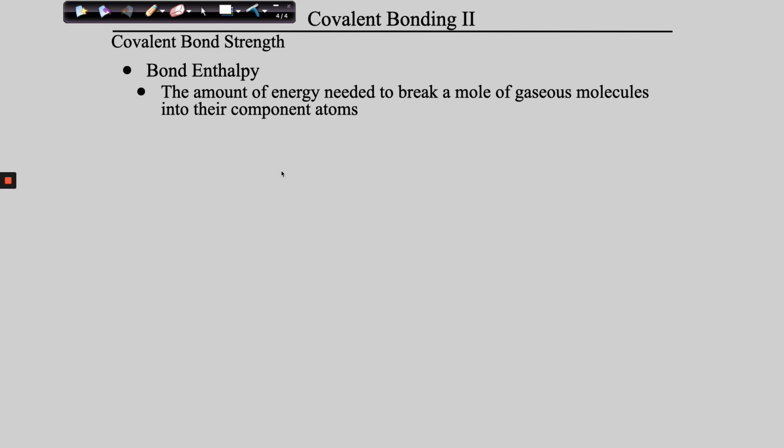When we talk about bond enthalpy, looking at my water molecule, bond enthalpy is the amount of energy to do what? Break this and that, right? So literally it's the amount of energy needed to break this into its component elements. Now, here's the important question: why does the water have to be a gas and not a solid or a liquid?